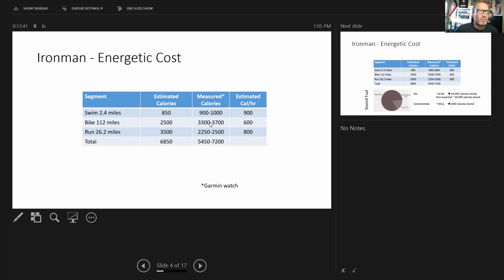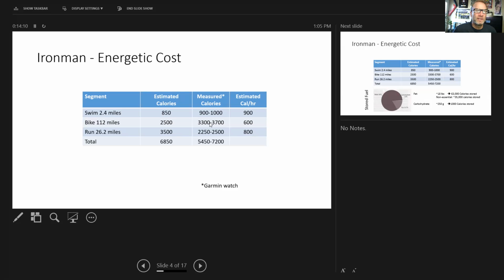Now, I've also listed what I have measured using a Garmin watch, which is reasonable. To really measure calories, what I would need to do is measure how active my aerobic system is throughout the entire event, which means I would need to use a portable metabolic system. And that's not very practical, especially during the swim. So these are estimated, and you can see they're pretty close.